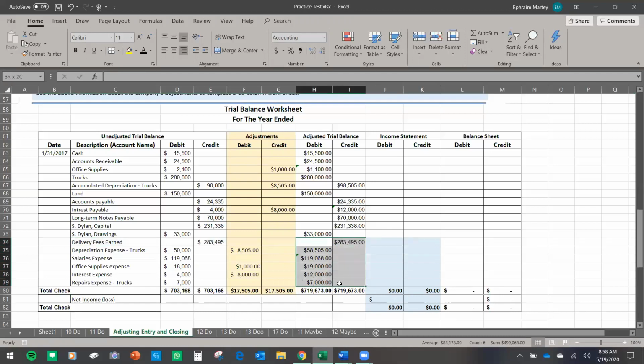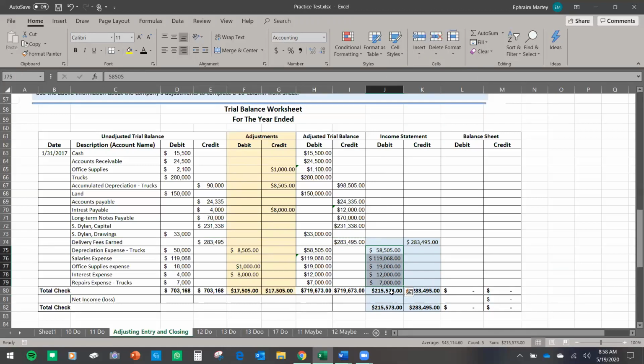So we're going to copy and paste these numbers. So we copy and we paste it with just the numbers, okay? So this is what we have. Your revenue is this, and all your expenses are these. So you want to find your net income.